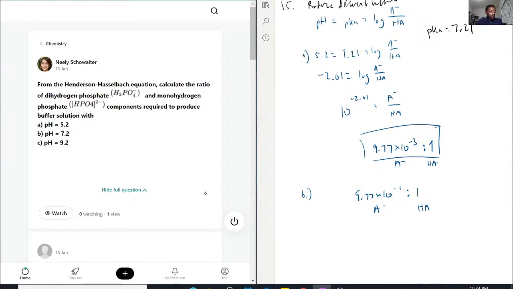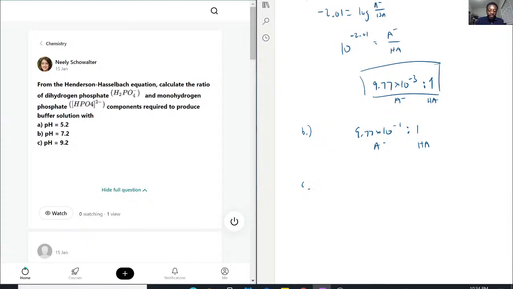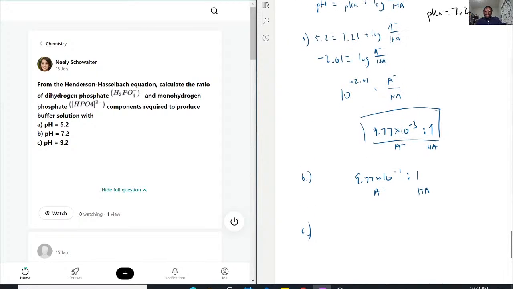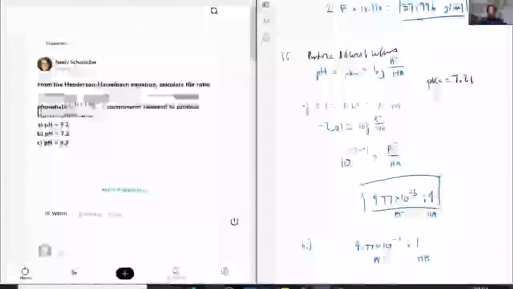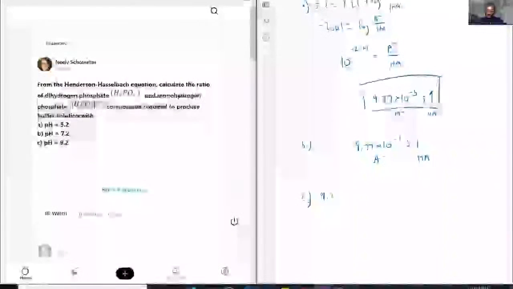Okay, now with that being said though, let's look at C. pH 9.2. So now the same thing here exactly. We're going to first subtract, so that's 9.2 minus the 7.21.